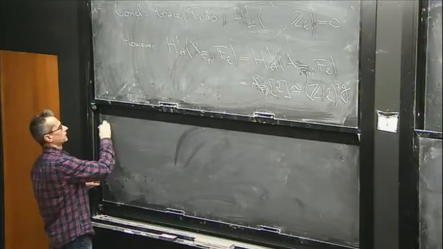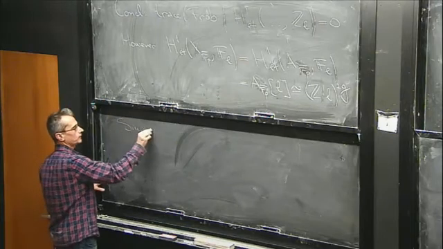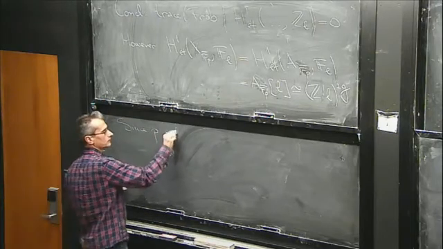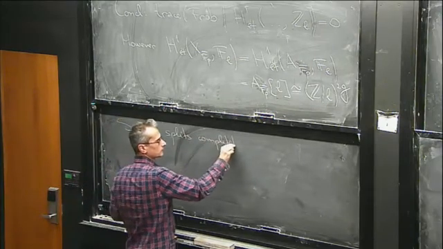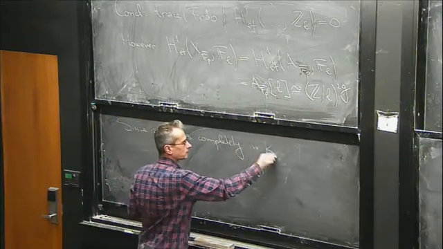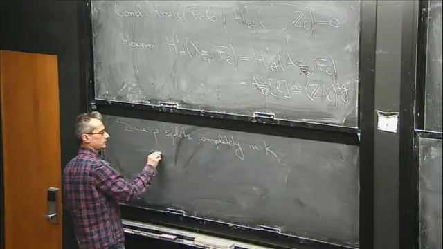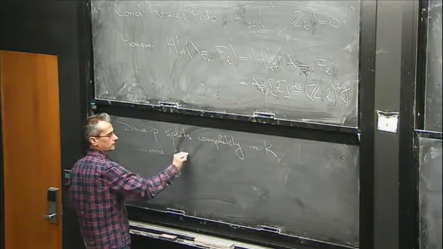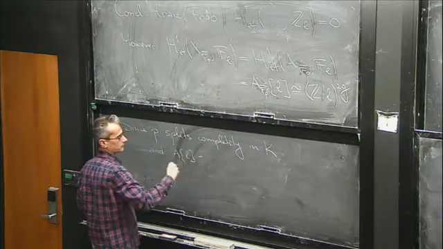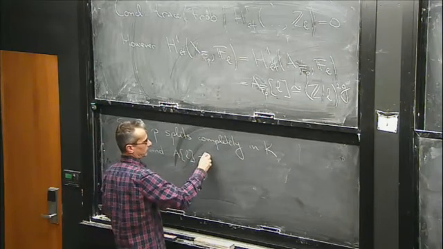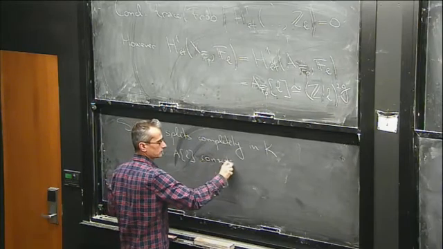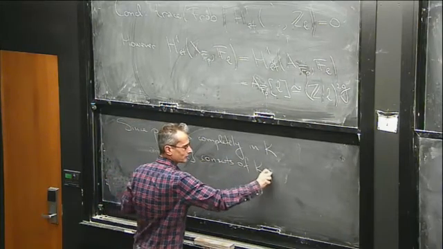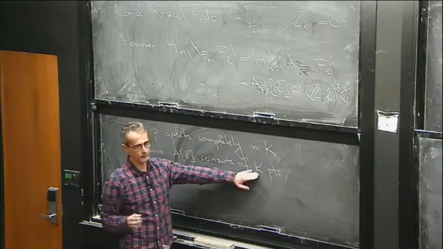So since p splits completely in K, A[L] consists of k points. Basically, it's the same as the Frobenius action on one point.